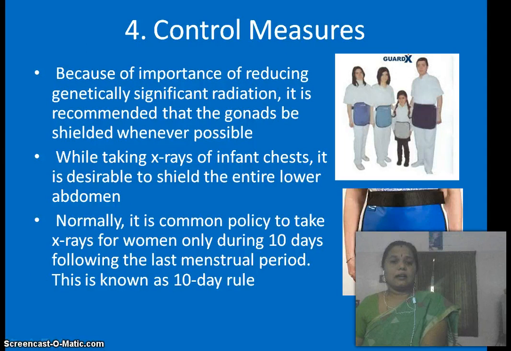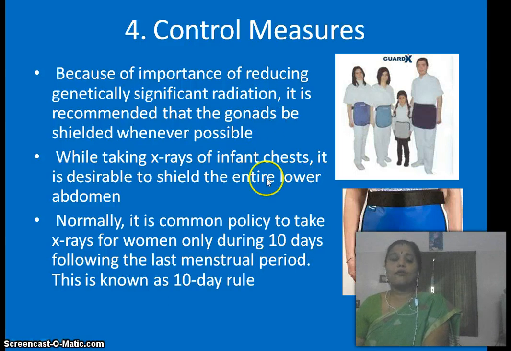And what are all the control measures that could be done to avoid this unnecessary radiation? Always the gonads, which are genetically significant, should be shielded wherever possible. Even for adolescents, for females, even for infants, the gonads, that is the organs which are producing gametes, should be shielded.